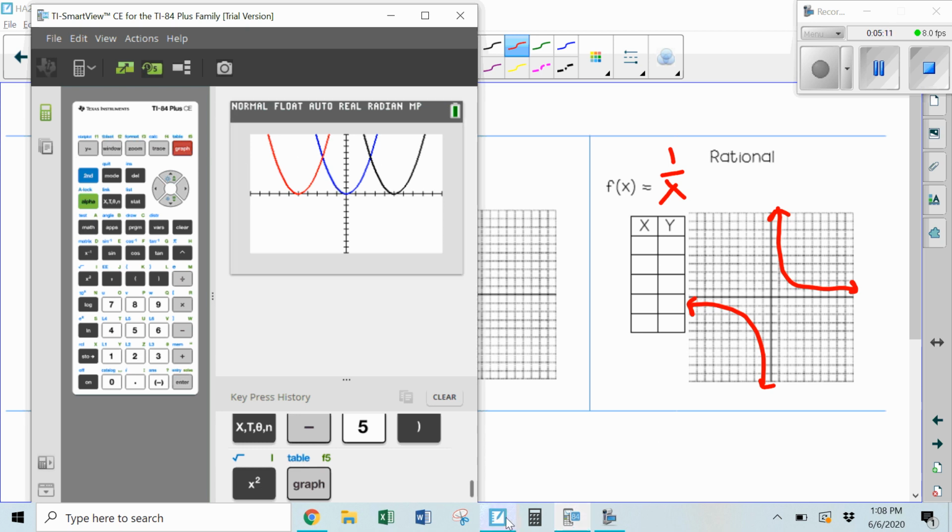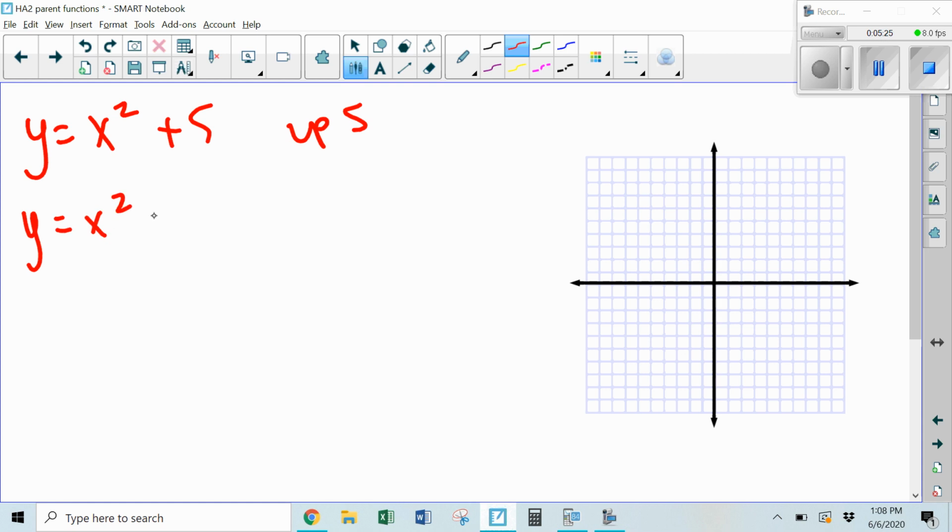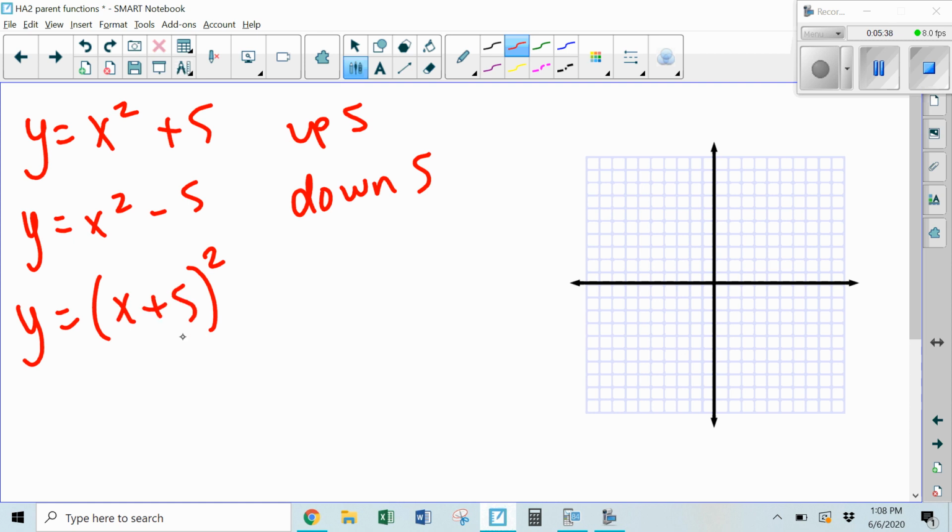So if you want to take some notes, what you could do is you could write down y equals x squared plus 5. That moves it up 5. Y equals x squared minus 5, moved it down 5. And then instead of having the plus or minus outside, we put it inside with the x and the squared, x plus 5.